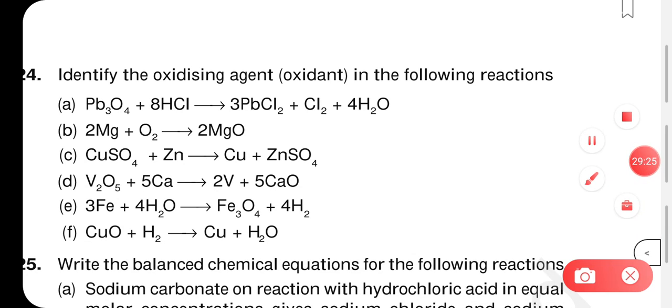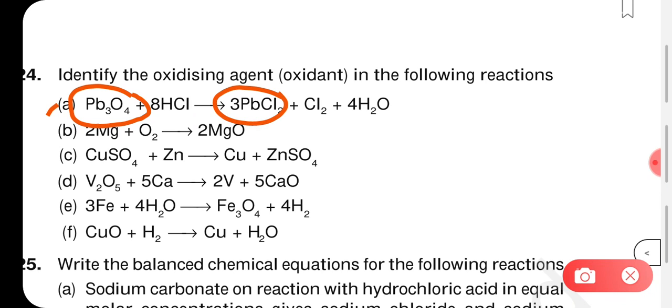In the first equation you see that it is the Pb3O4. Pb3O4 is forming PbCl2. It means it is oxidizing HCl to Cl2.